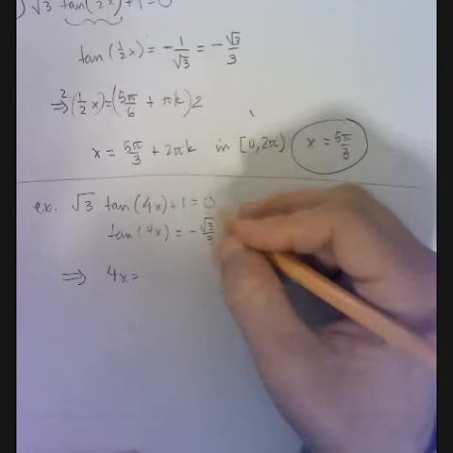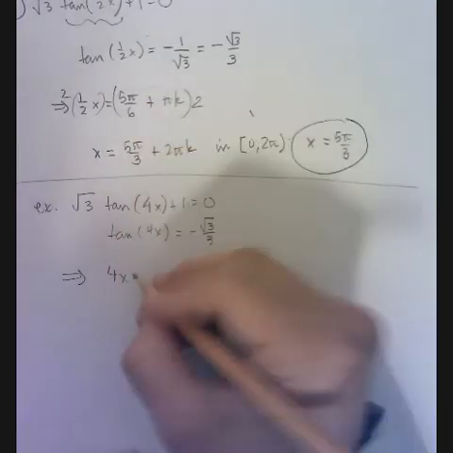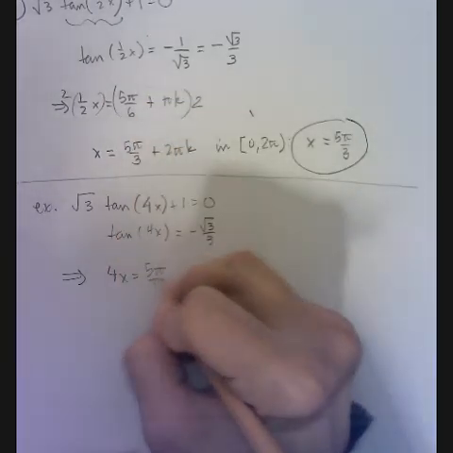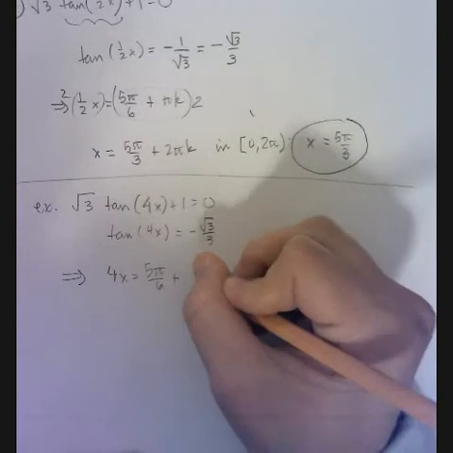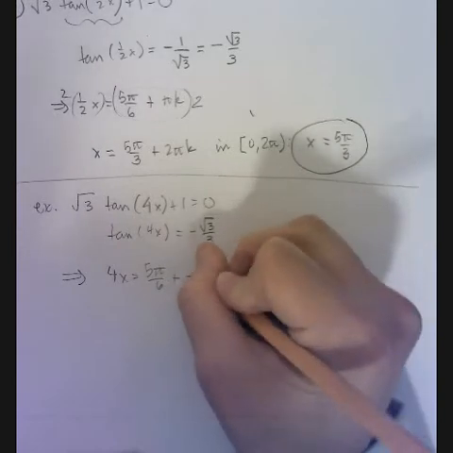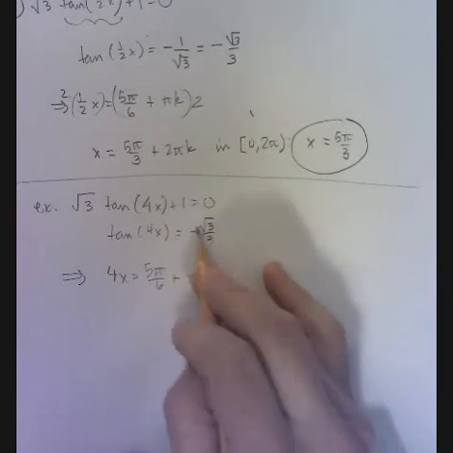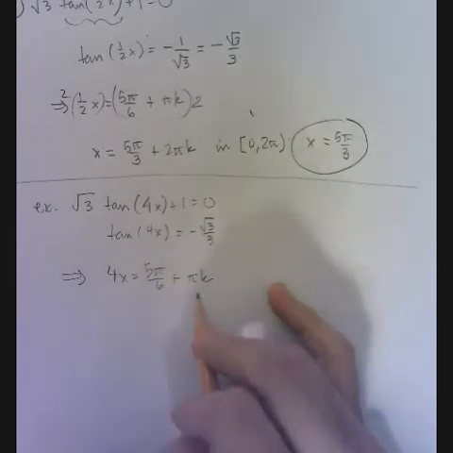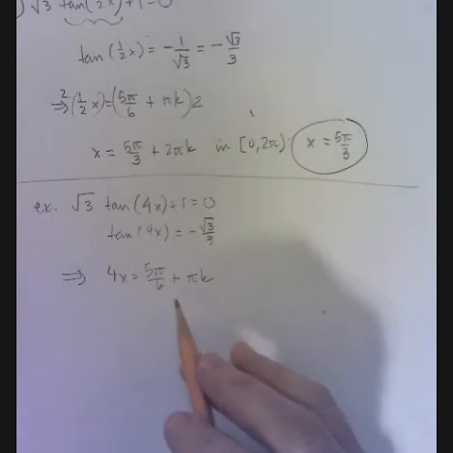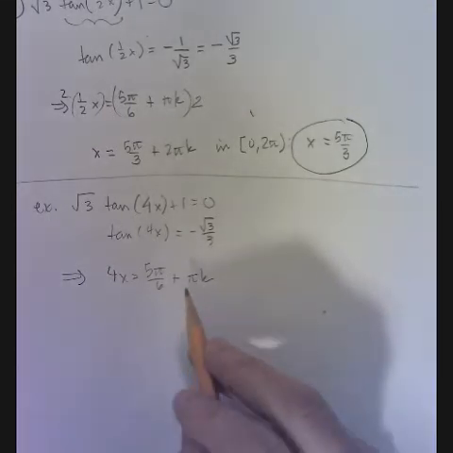So then you would say, okay, well, 4x equals, it's the same thing we got here, not doing anything different yet. We still need the solution in quadrant 2 that gives us negative square root of 3 over 3. Add pi over k to that, because that's a period.